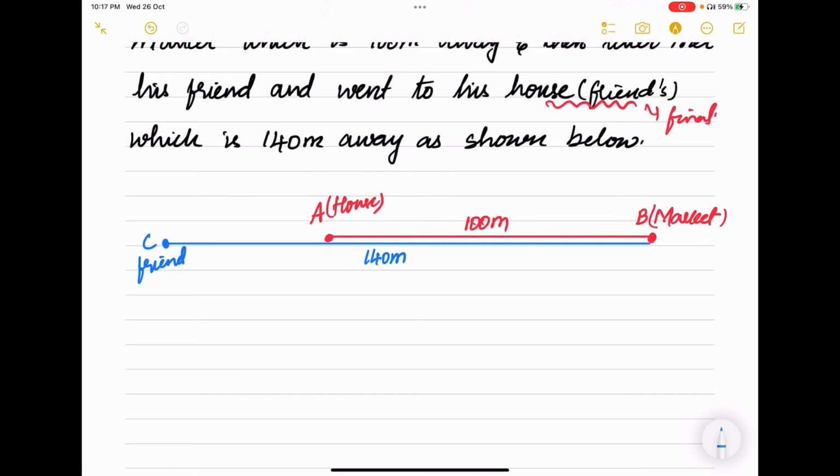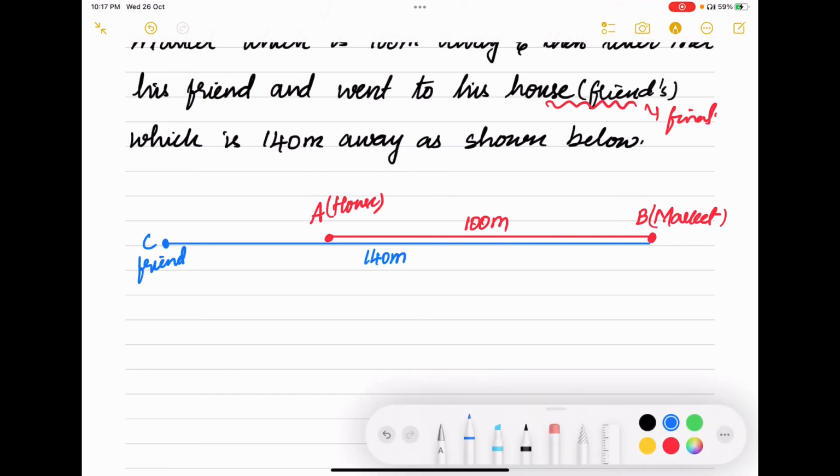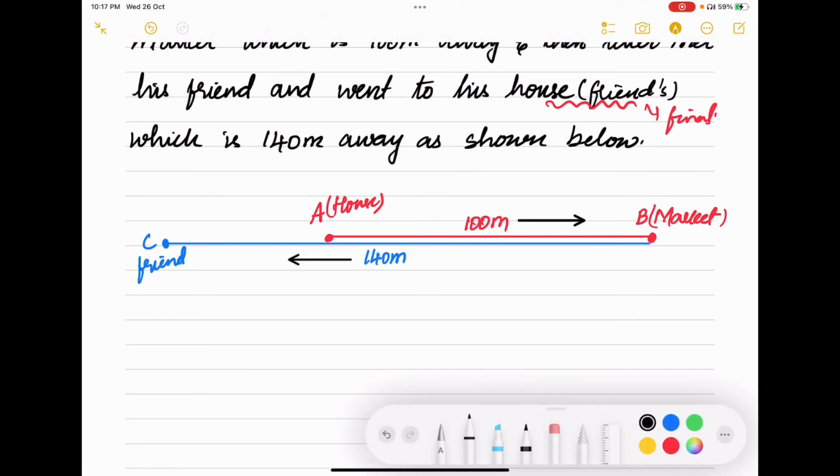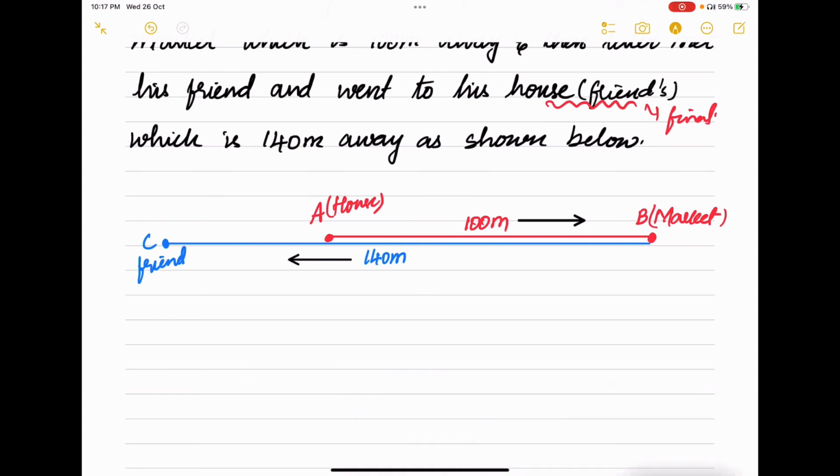So this is C. Now in this case, if you see, the direction of the person is initially from house to market, and then from market to friend's house. So assume this point, the house, to be a reference.